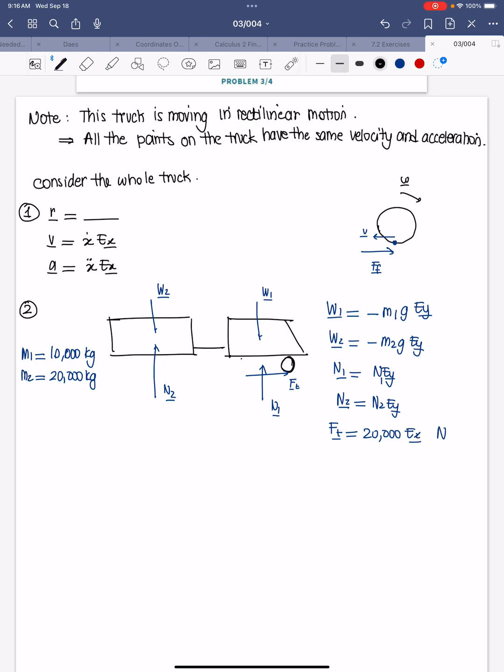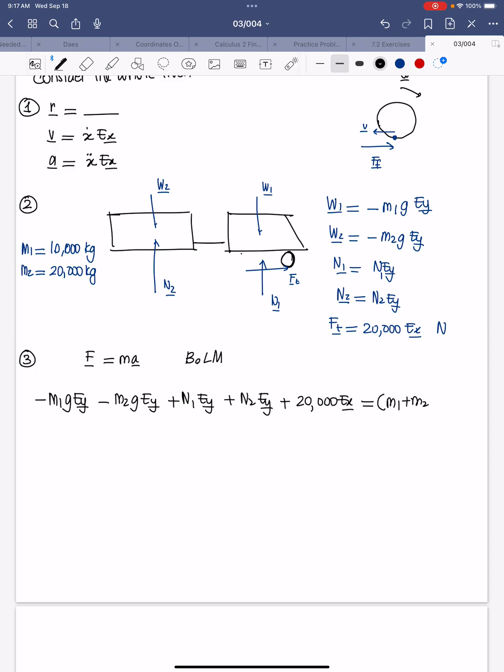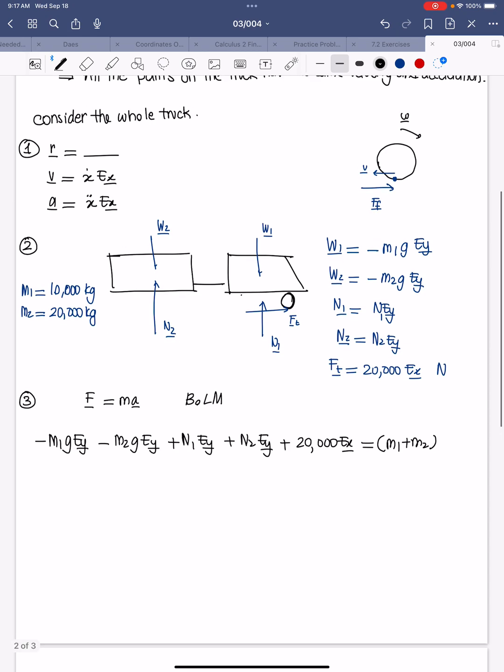Okay, now we can do our step 3 and write F equals ma, the balance of linear momentum. So I'm just going to copy all the forces. I forgot the attractive force here. 20,000 EX is equal to the total mass of the system times the acceleration of the system, which is x double dot EX. I got that from step 1.